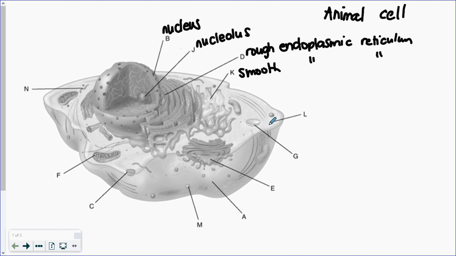Just writing that because it's so hard to write on my tablet. L is called the cytoplasm. G is a vacuole. E is called the Golgi apparatus.